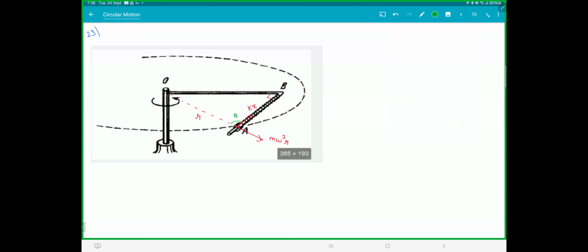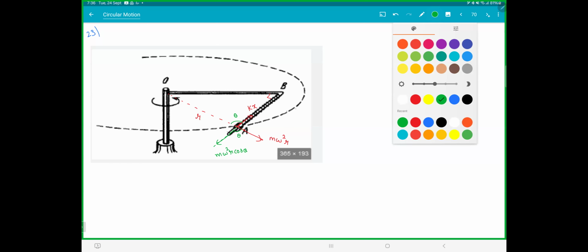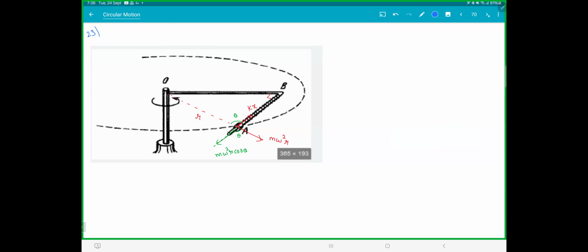Now if you try to resolve the components, you will realize that if that is theta, this is theta, this would be m omega square R cos theta. Agreed? So the entire centrifugal force is not stretching the spring. Only a component of it is. So m omega square r cos theta is equal to kx.